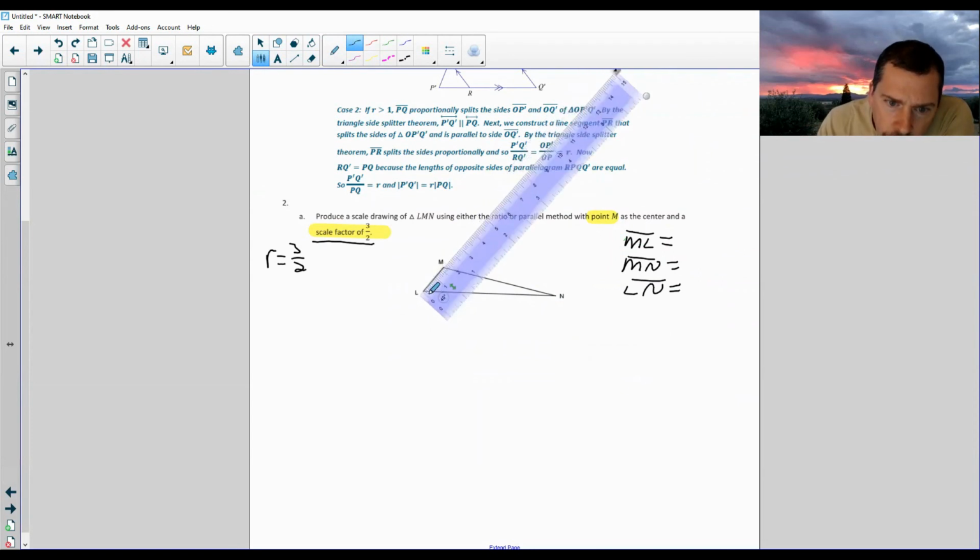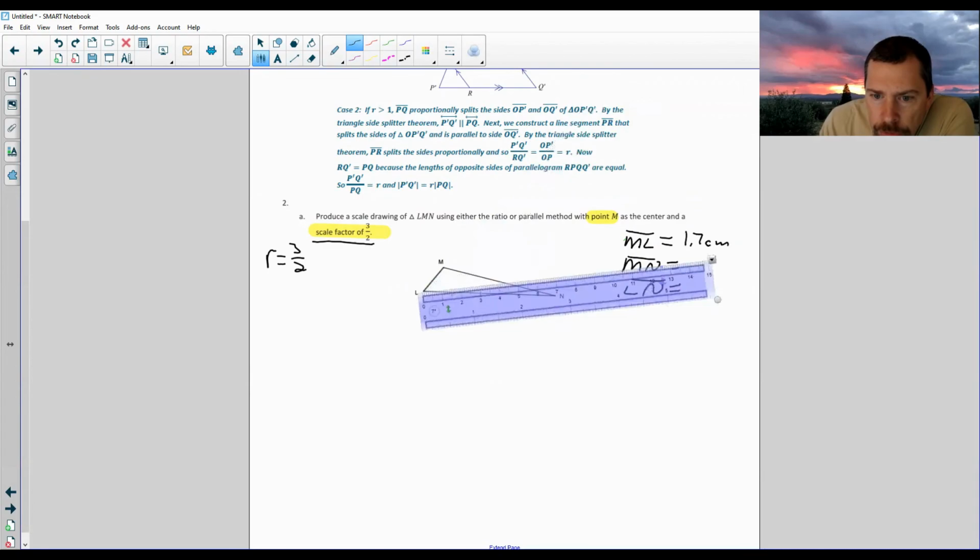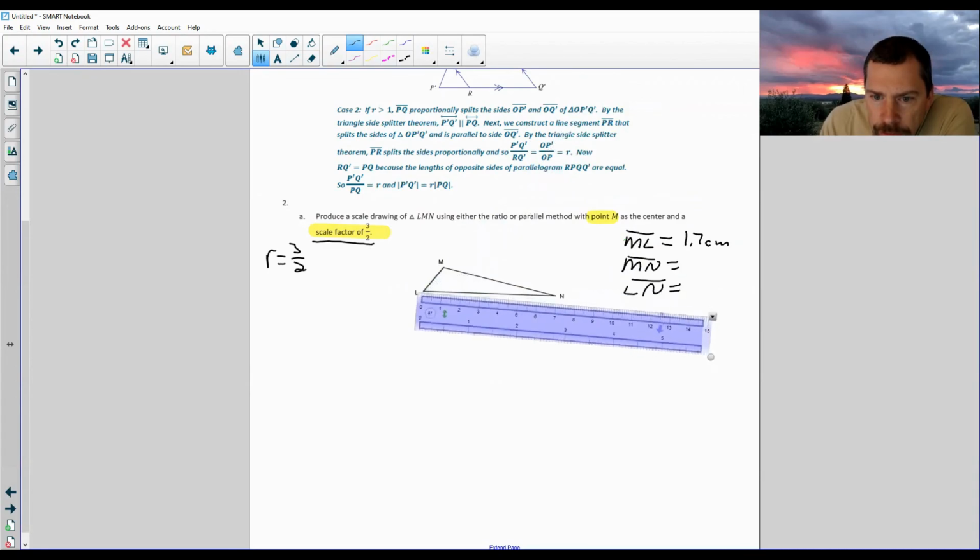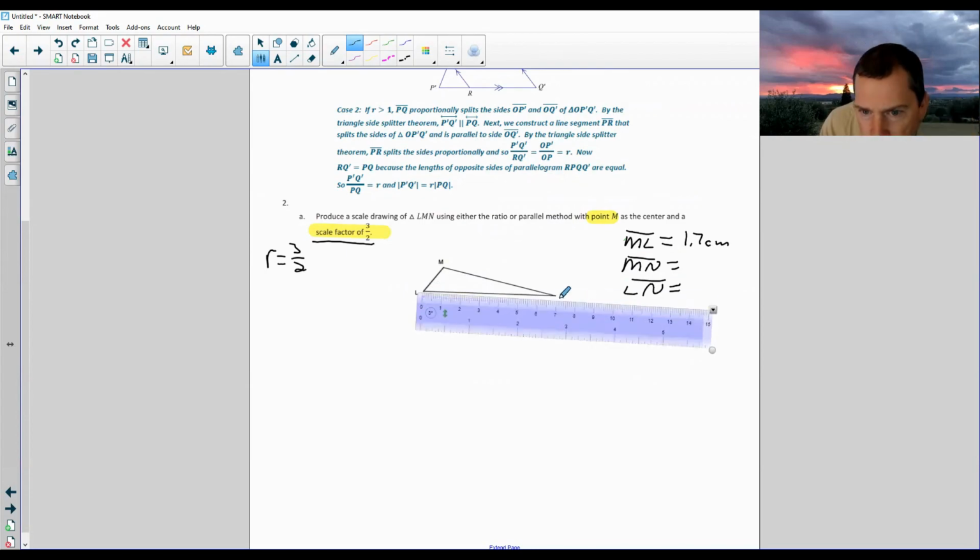And that from L to M is 1.6, looks like 1.6, 1.7. I'll say 1.7 centimeters. Rotate this around to N, and it is about 7. So I'll say LN is 7 centimeters.